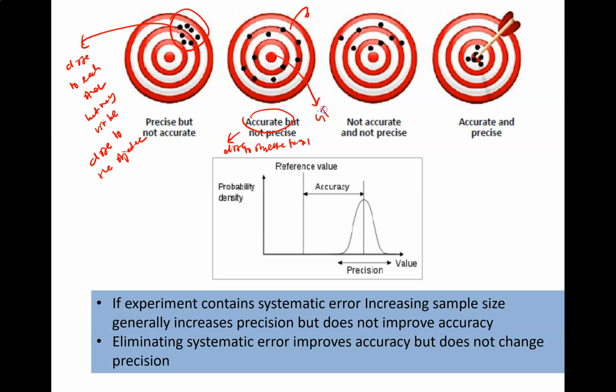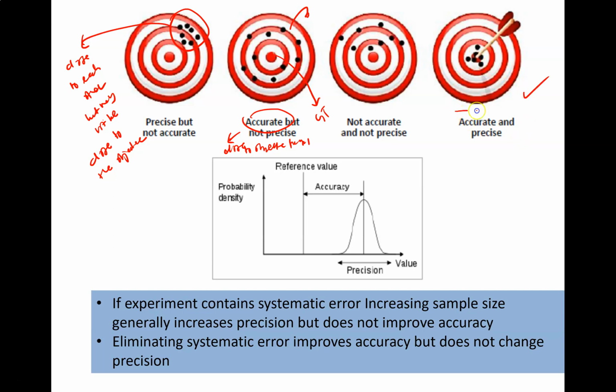So the data here is very close to the goal, but it is not precise. Here, data is not accurate and not precise. This one is precise but not accurate. This one is neither. They are far from each other, and also far from the ground truth. Here is accurate and precise. This is what we want.